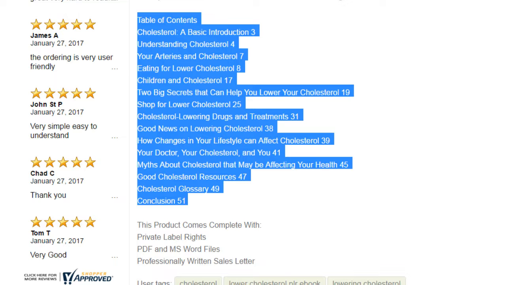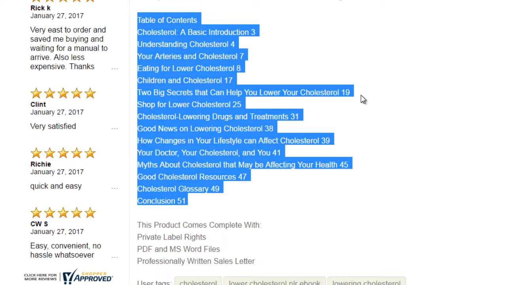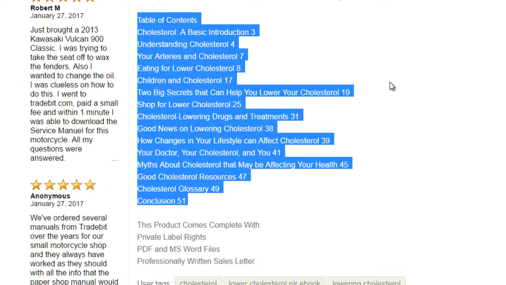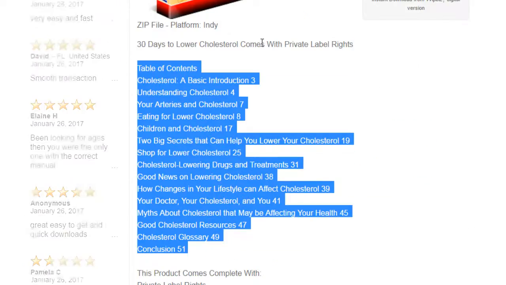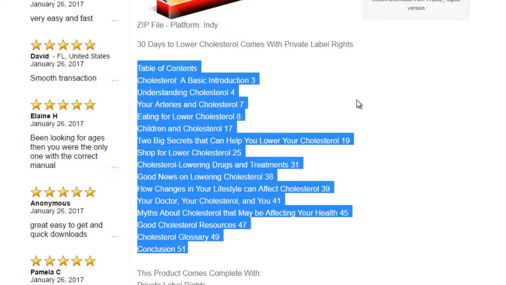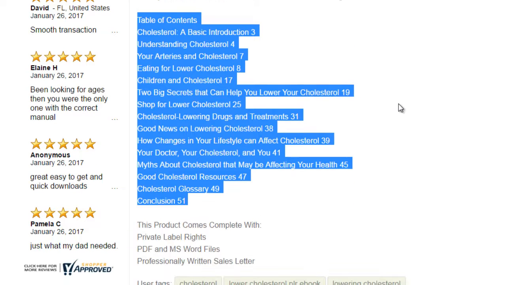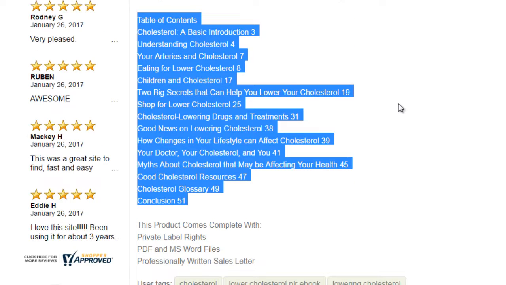Now, I can't say for everything. Some ebooks are created with tons and tons of high quality, and some are created and they're not really good quality. So you really have to pick and choose. I mean, it's not really expensive. So at the end of the day, you can look at it, and if it needs to be rewritten, you can hire an article writer to do a total rewrite of it.